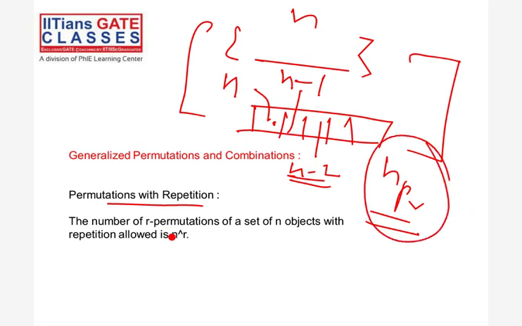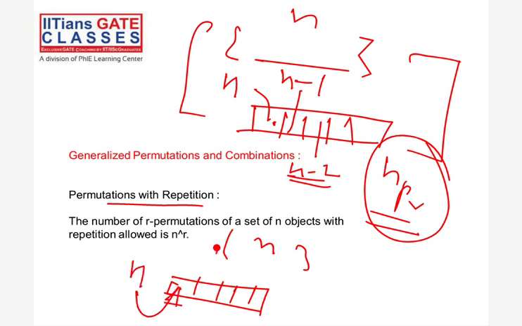But now our question is different. He is saying that you have an n-element set and you want to make r-permutations where repetition is allowed. So you can put any of the n elements here, and whichever element you put here, you can again repeat it.